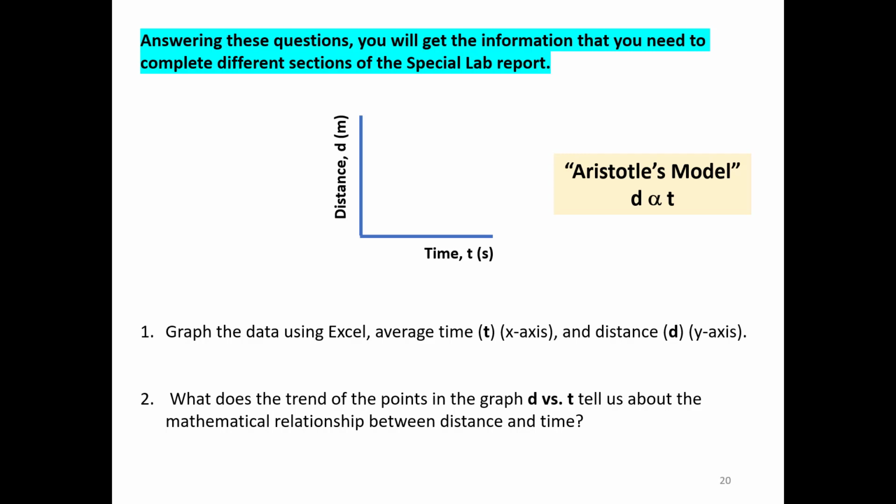Because we want to know if we can explain the motion of the car using the Aristotle model, where distance is proportional to time, the first graph we want to plot is distance versus time. Then after you complete this graph, you will answer questions 1 and 2 in the lab sheet.